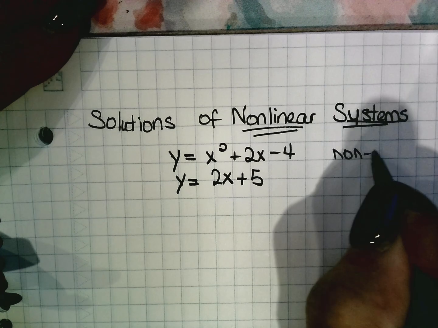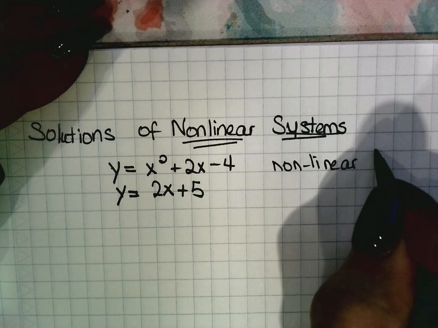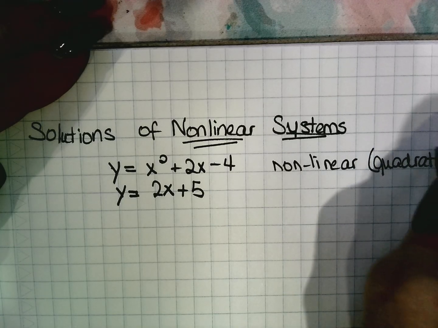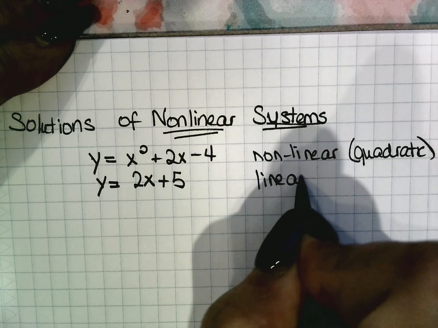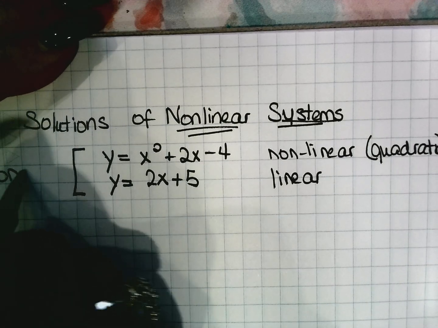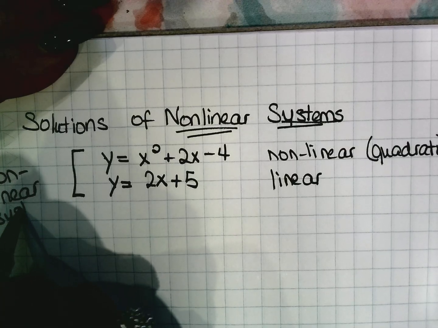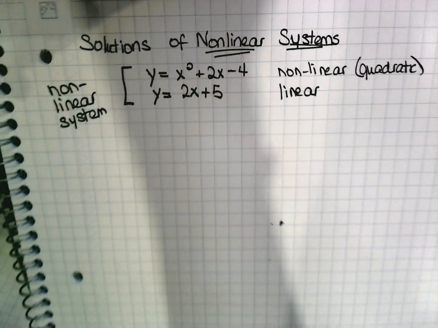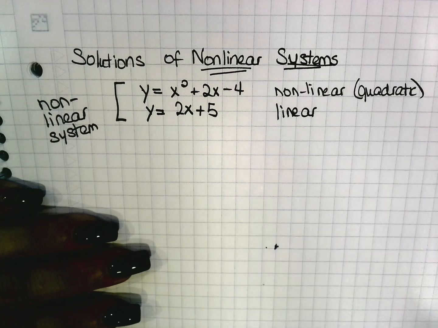This is a quadratic, because it is squared. This one is linear. That is a line. But together, they form a nonlinear system, even though technically one of them is a line.